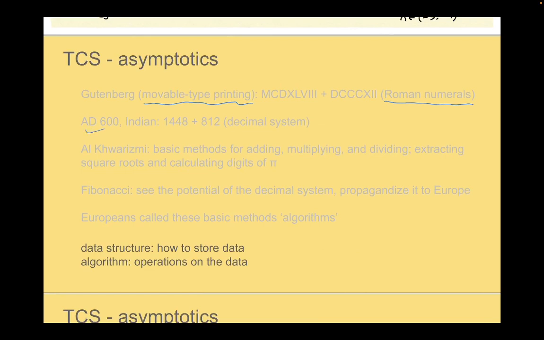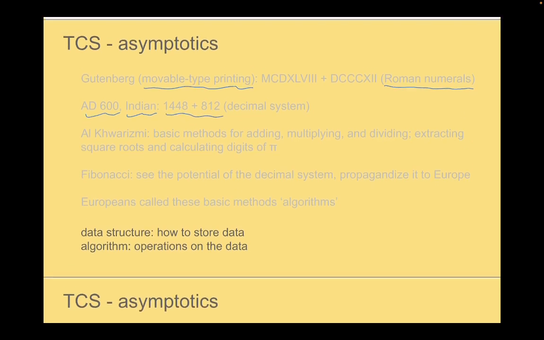At this time, the Indians invented the decimal system that we use today, and it's very clear and neat. All the mathematics and technology developed based on the decimal system.